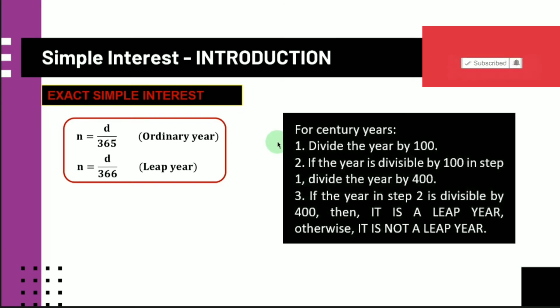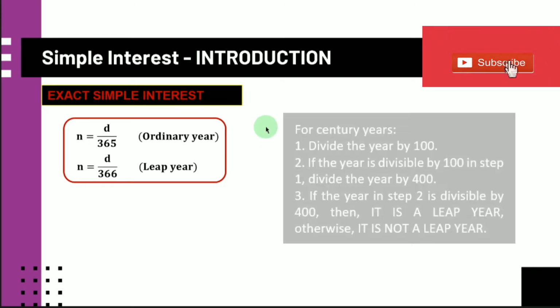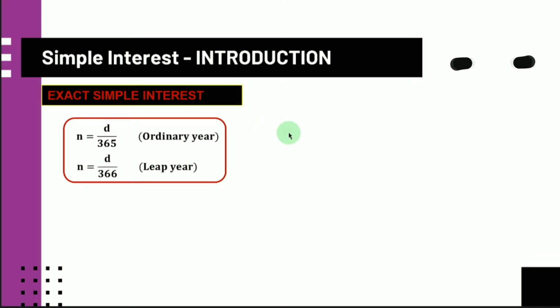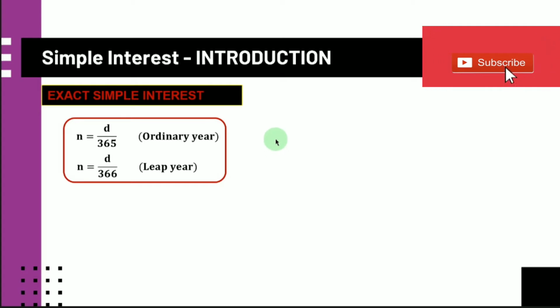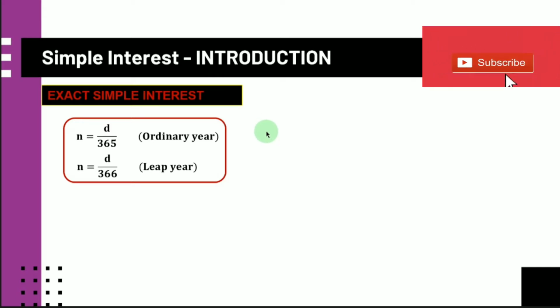Another example of a century year is 2000, and also 1800, and so on. If you're dealing with a century year, just follow the steps indicated in that box.